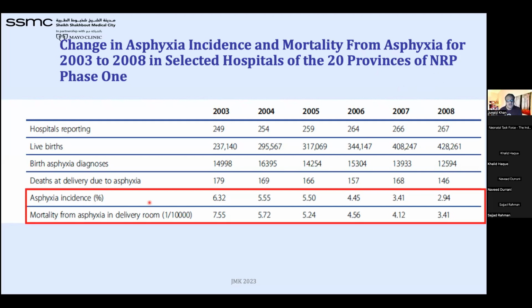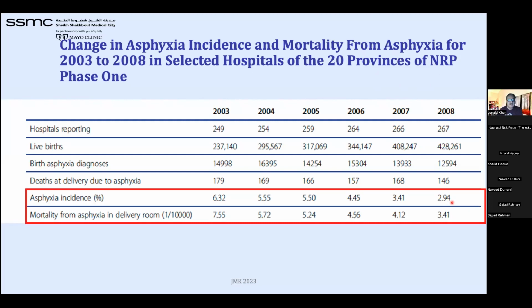The asphyxia incidence decreased from 6.3 to 2.94. That's why I'm saying start from the basics. Cooling, inshallah, sometime we will reach there, but go from the basics. Good resuscitation helps you out, and this is very well evident.